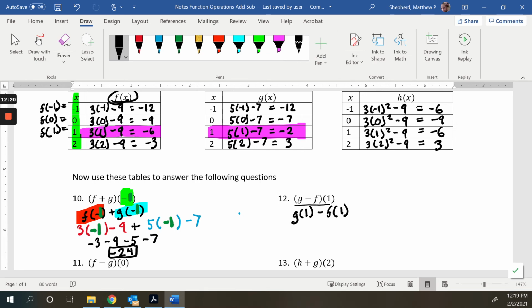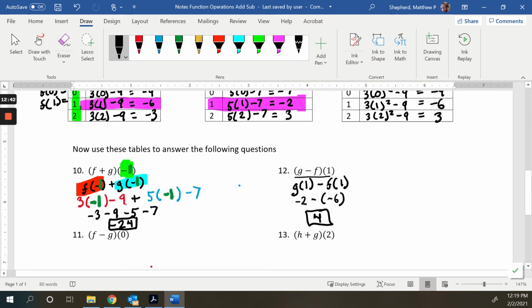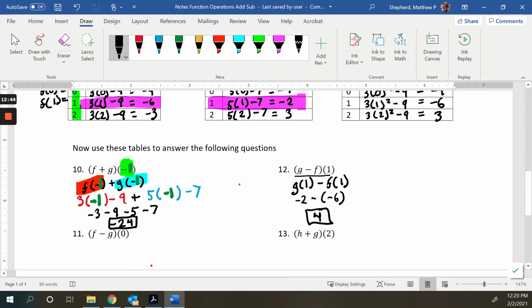It's a negative 6. So I'm going to have a negative 2 minus negative 6, which should be equal to 4. So notice how much faster that one went than the previous. I already knew what the numbers were because I already had them in a table. And each of these can be just that easy.